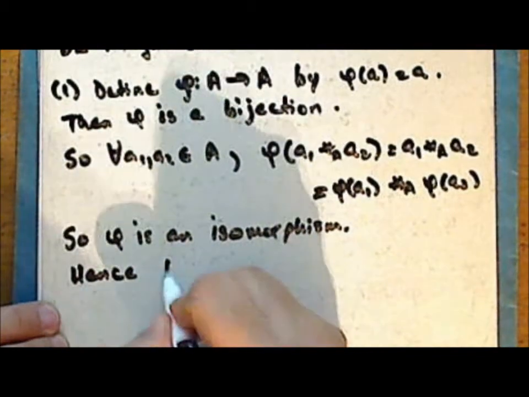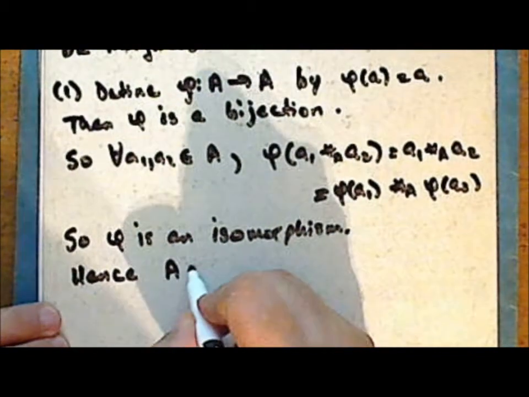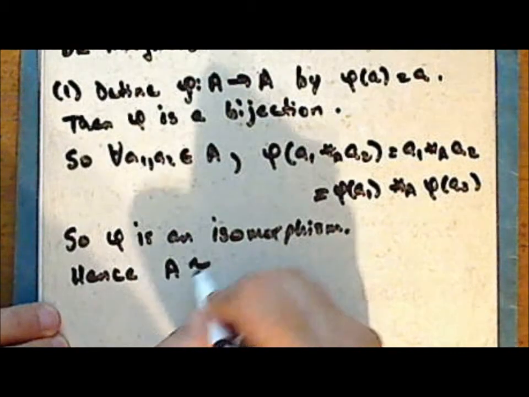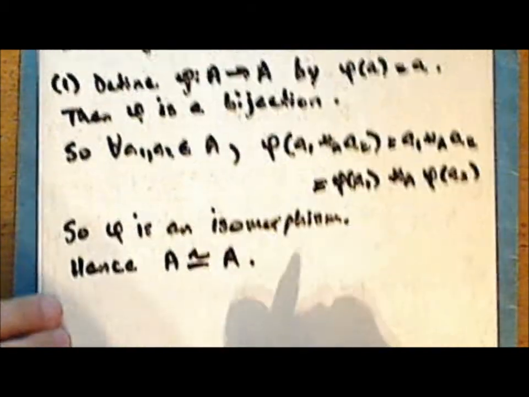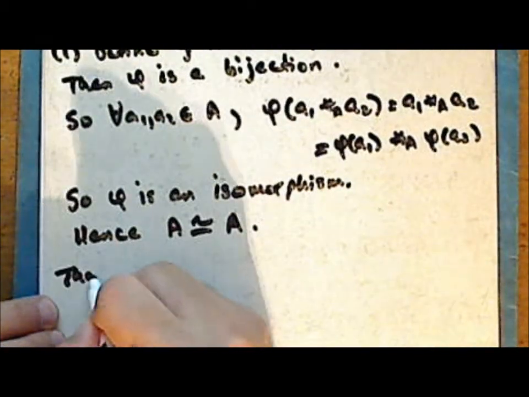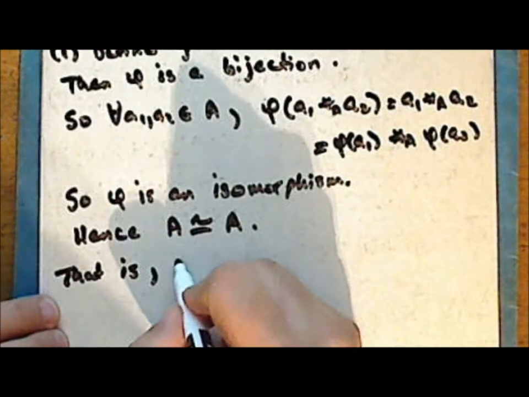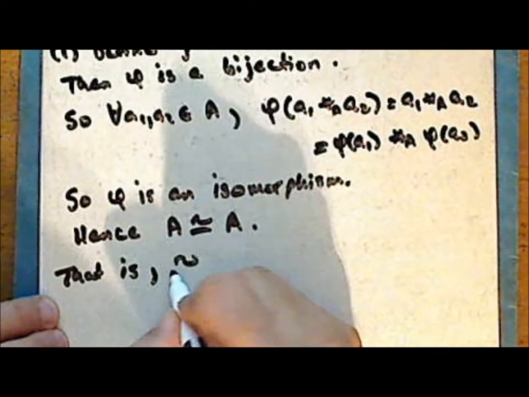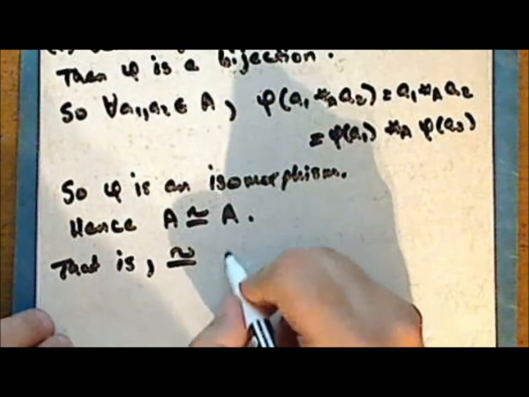And hence the structure A is isomorphic to itself. That is, the relation isomorphic to is reflexive.